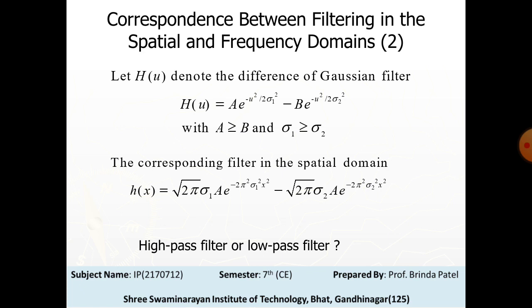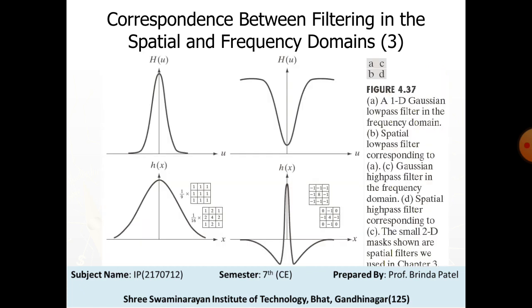So how can we find whether it is a high pass filter or low pass filter? Here figures A and B show plots of a Gaussian low pass filter in the frequency domain and the corresponding low pass filter in the spatial domain. Suppose that we want to use the shape of H(x) in figure B as a guide for specifying the coefficients of a small spatial mask.